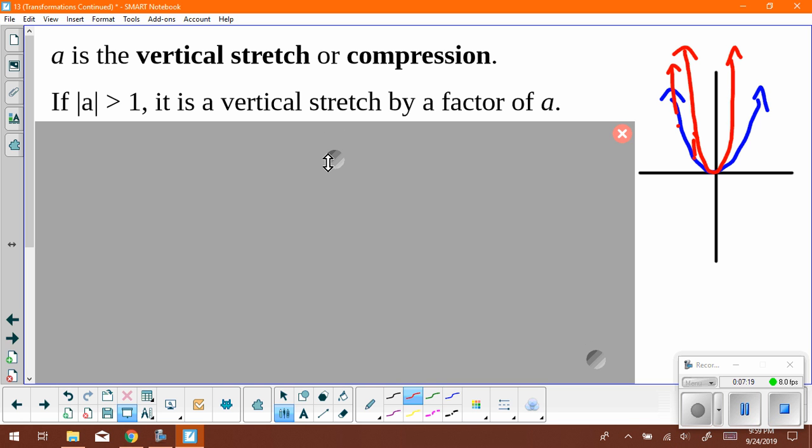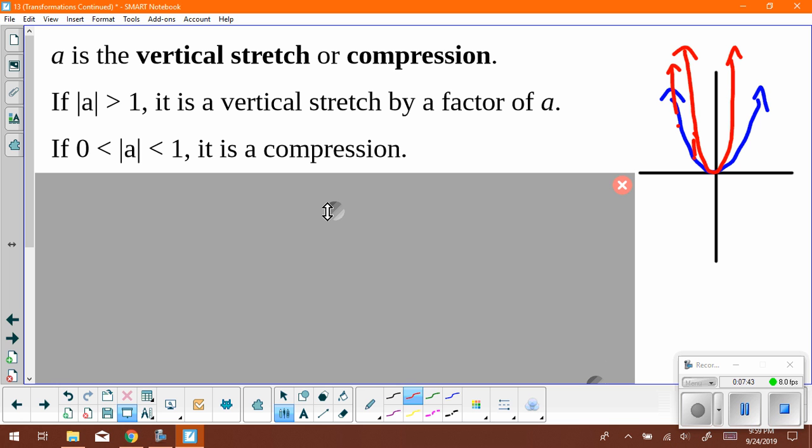We talked about this yesterday. If the magnitude of A is bigger than 1, it's stretched. It gets pulled up more and more, and it's by a factor of A. So if A is 5, it's being multiplied by a factor of 5. That's how much is being stretched out.